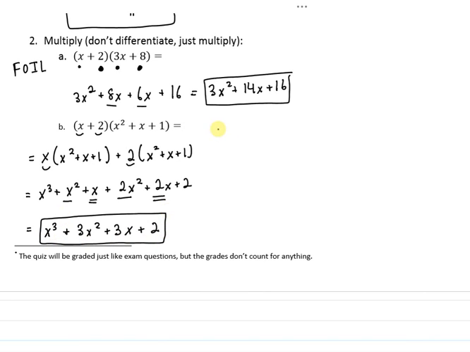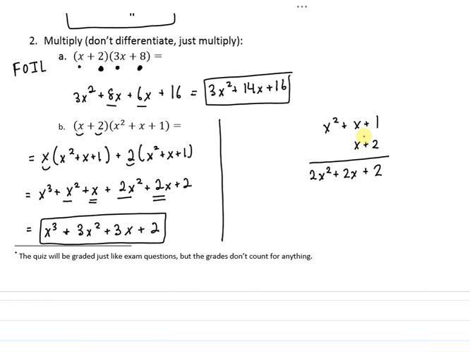The other way I like to do these is similar to regular long multiplication with numbers. It's like this: x squared plus x plus 1 times x plus 2. So 2 times 1 is 2. 2 times x is plus 2x. 2 times x squared is 2x squared.